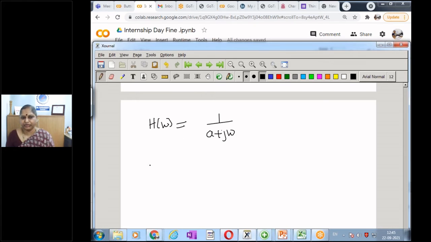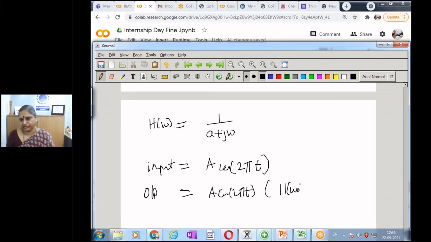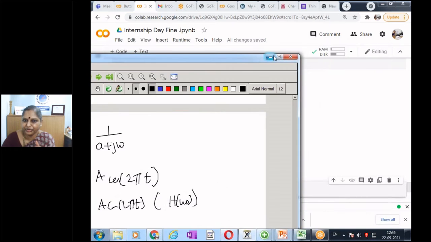Let us say my input is a cos 2 pi t. The output is going to be a cos 2 pi t multiplied by H of omega naught, so the magnitude will decrease and there will be a phase delta.